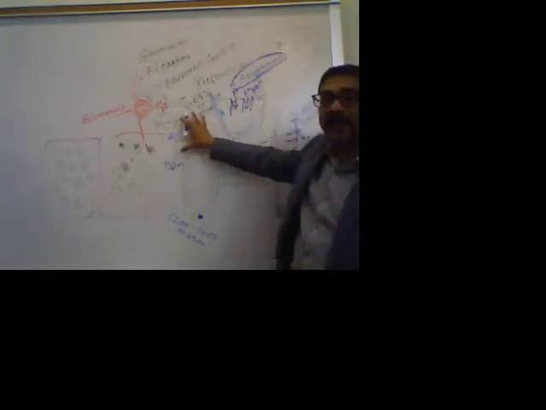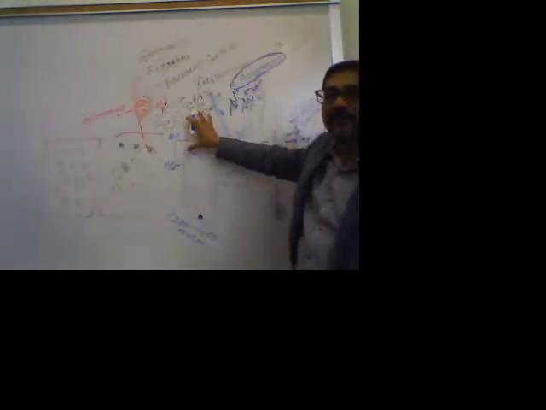And this part is sensitive to hormones. Is it clear? Which two hormones are working? In this part, aldosterone, in this part, ADH. So this is the hormone sensitive part, right? This part is what? Non-sensitive. That means which part is fixed? Which part can be changed?